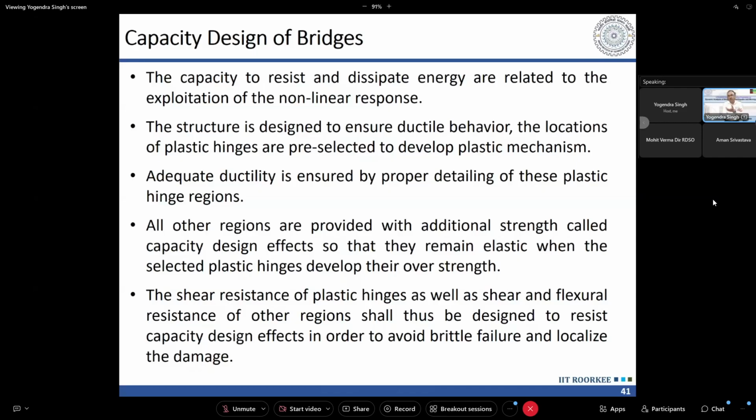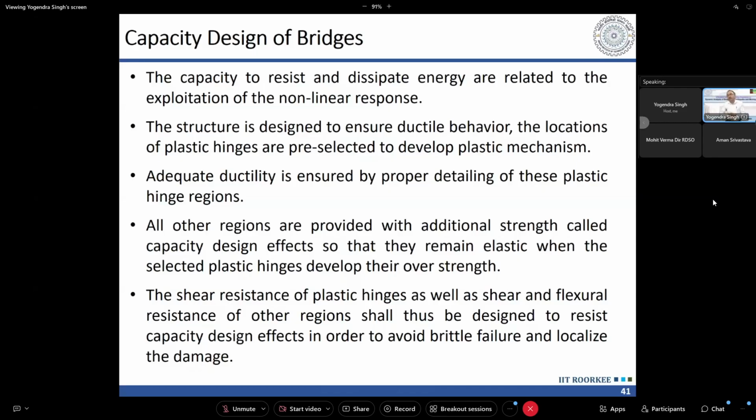So whatever energy the earthquake is imparting to the structure, the structure should be able to dissipate that energy at a larger rate than the rate of inflow into the structure. And if the structure is ensured for ductile behavior, then to obtain this ductile behavior when we want to dissipate the energy, the location of the plastic hinges should be pre-selected.